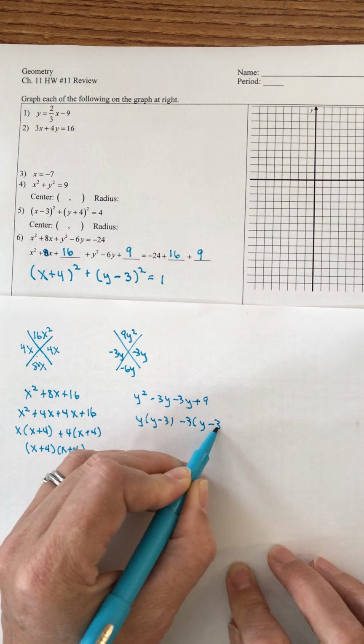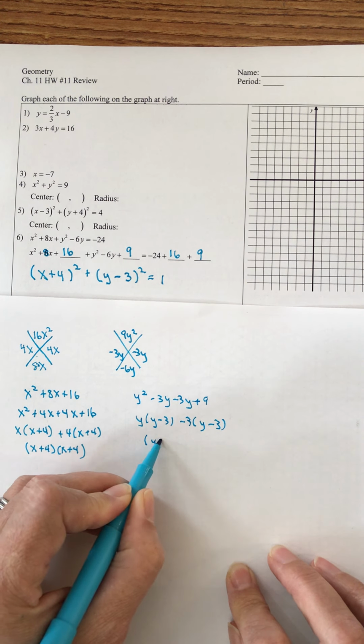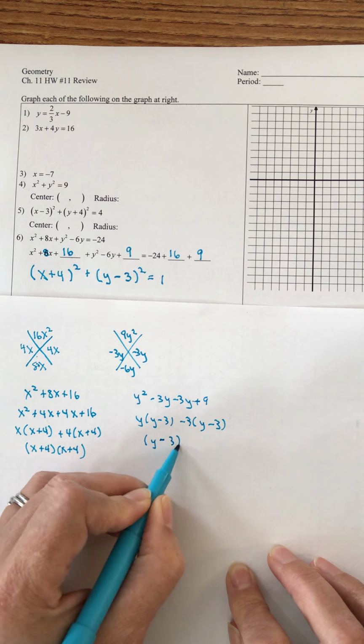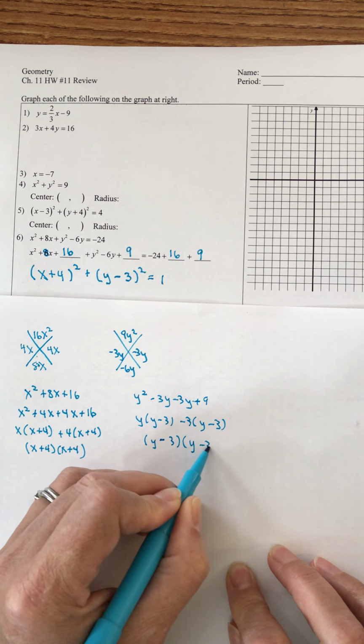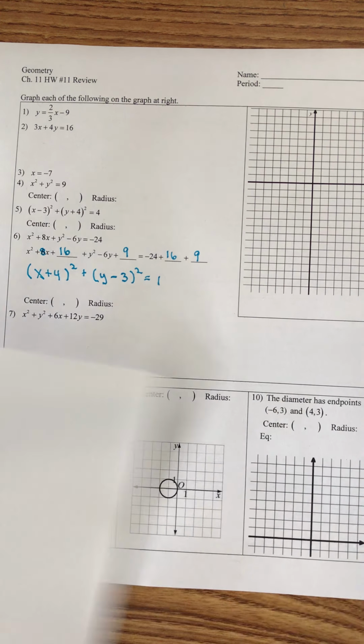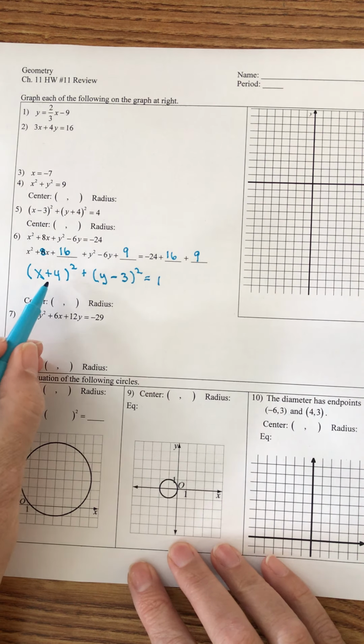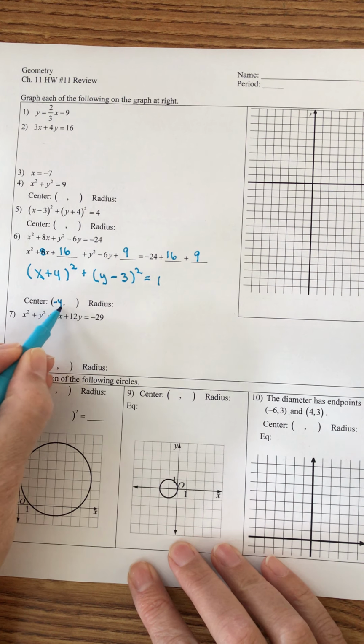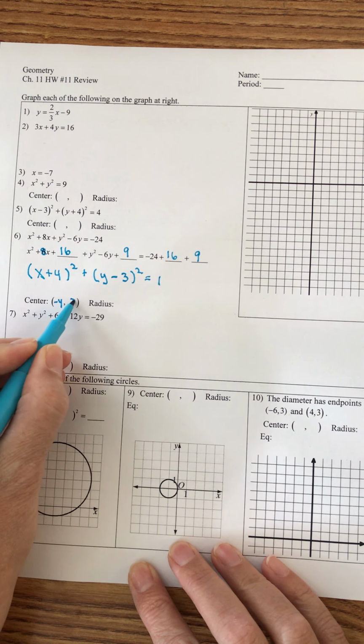So if you're unsure, just show them out. It's not a big deal, just probably there's not enough space on the handout. So if you're trying to do the work on the handout, you might grab a piece of scratch paper for that part.